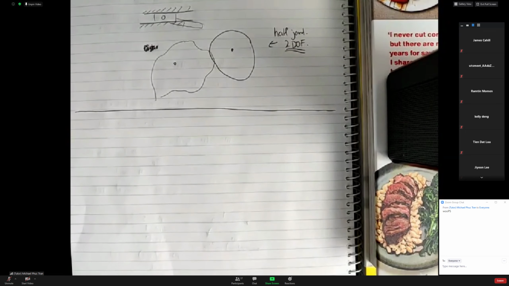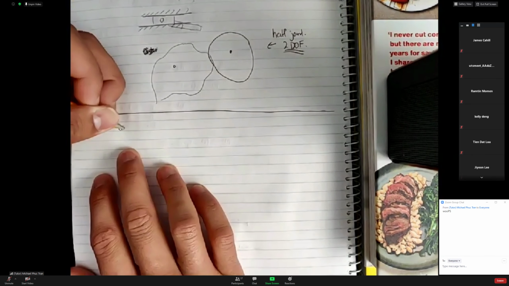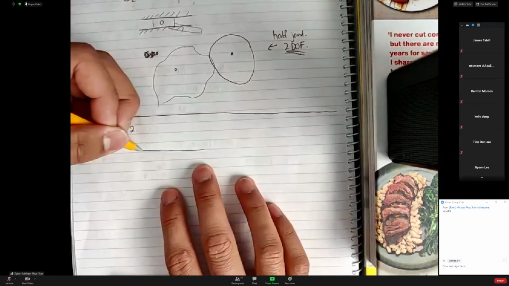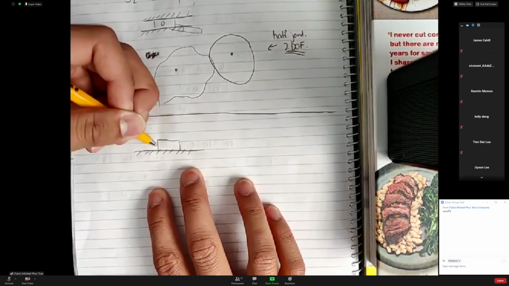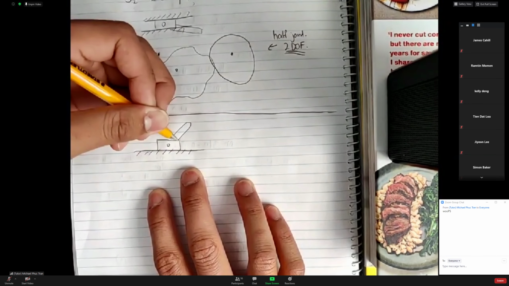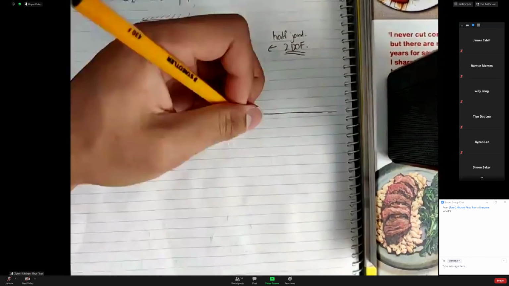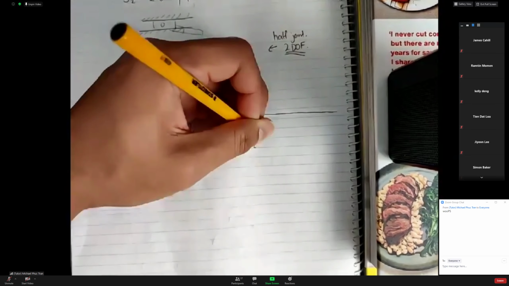All right, let's try another example. Example 2. All right, who wants to have a go at this? So there's N, J1, and J2.